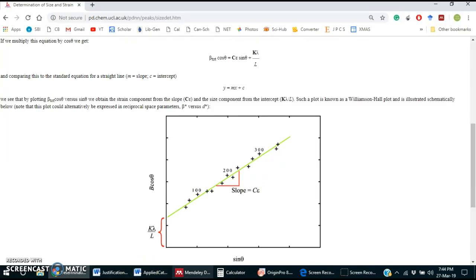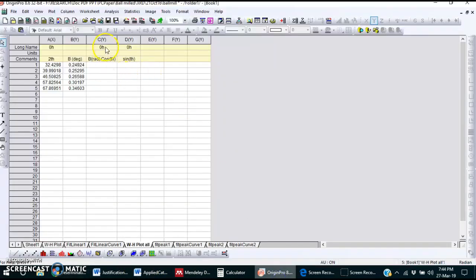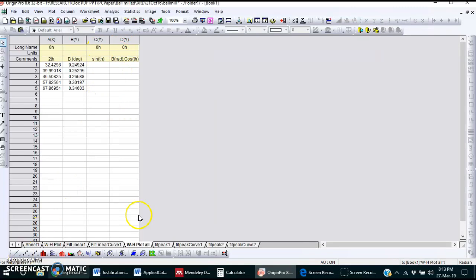So let's start. Beta we have in degree. First of all we will convert it to radian, then multiply with cos theta. Remember, this is 2 theta, so we need cos theta and again sin theta, then we'll plot a curve between these two columns. It will be convenient if we change to radian.